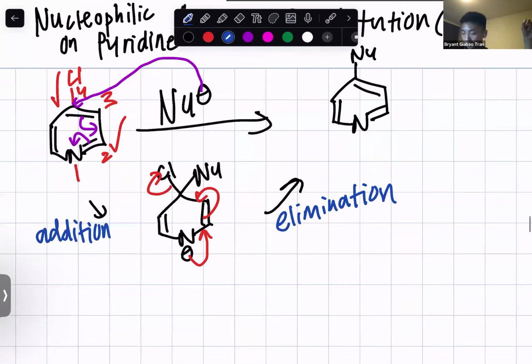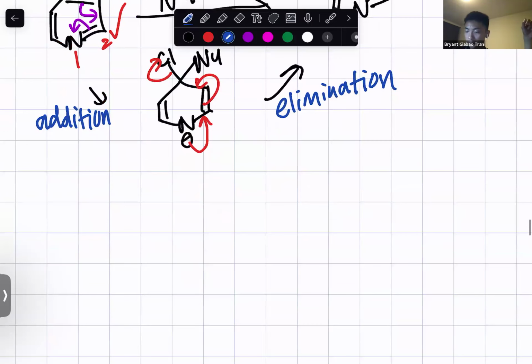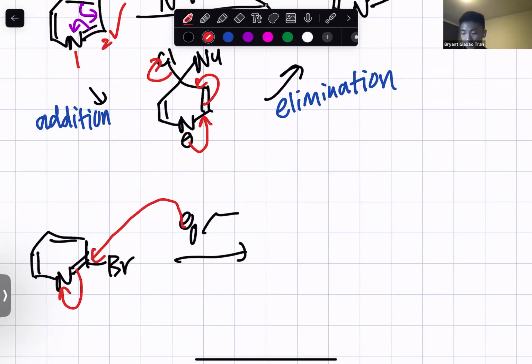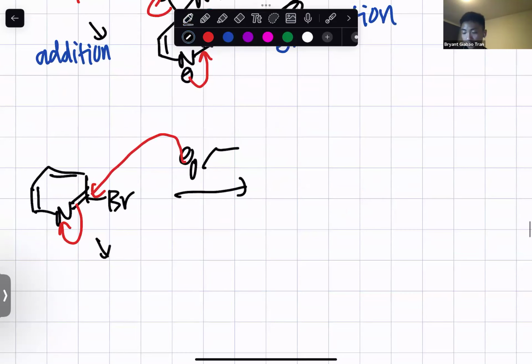Let me show you the other example, where it also works on position 2 if there was a good leaving group there. Let's say there was a Br here and we try some kind of nucleophile like ethoxide. This nucleophile is going to attack that carbon and pop this double bond to the nitrogen. That's the addition step. You notice how there's a negative charge on the nitrogen?